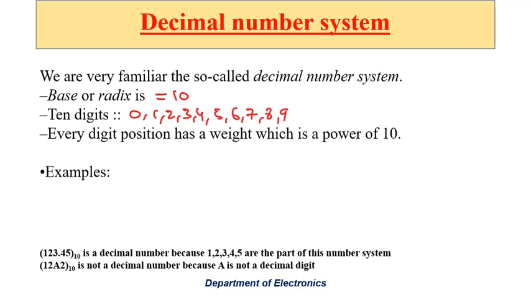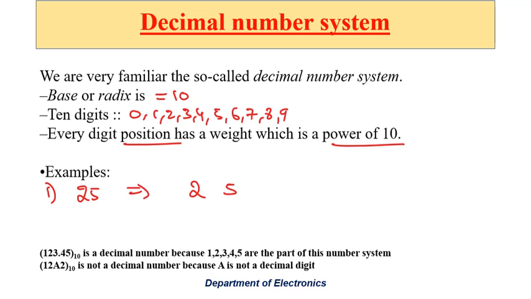For every number system, each digit has a positional value. So that positional value depends on its base value. So in decimal number system, each digit has a positional value which is in the power of 10. For example, let us consider a decimal number 25. So here 2 and 5, both the digits have a specific weight.